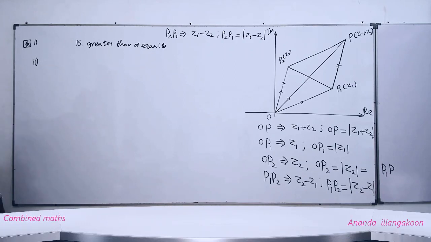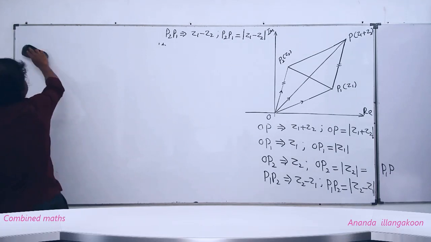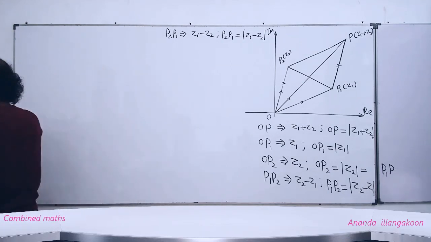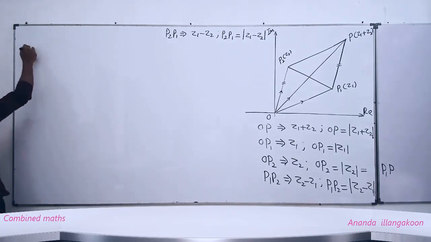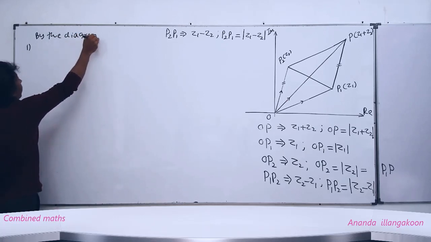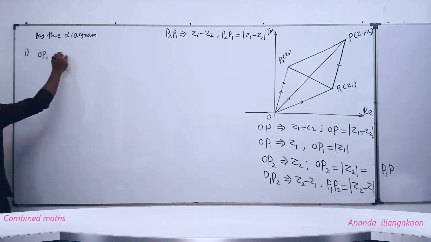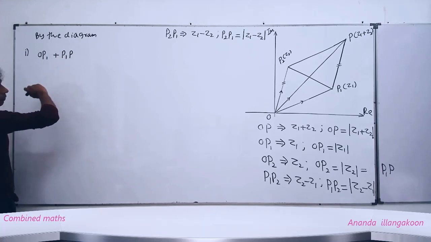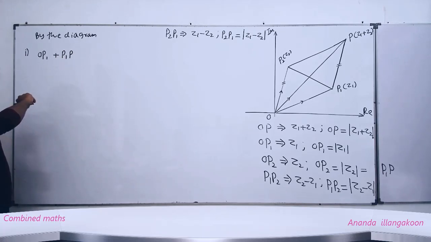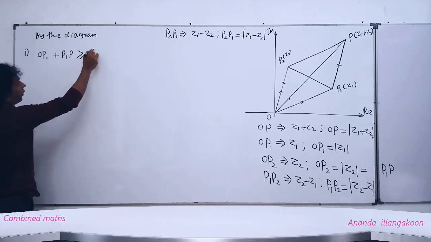Right. Then we can prove one by one here. First one. By the diagram, you can now write, people, this way. OP1 length plus P1P length greater than or equal to OP length.